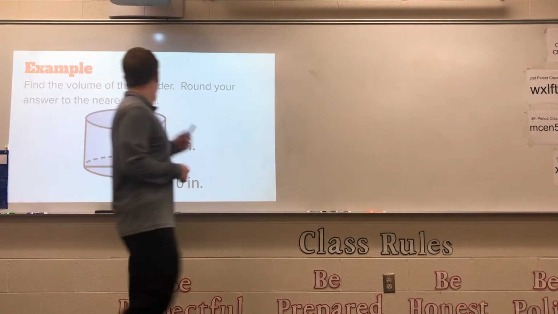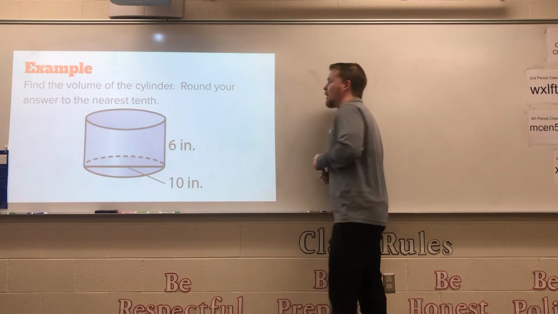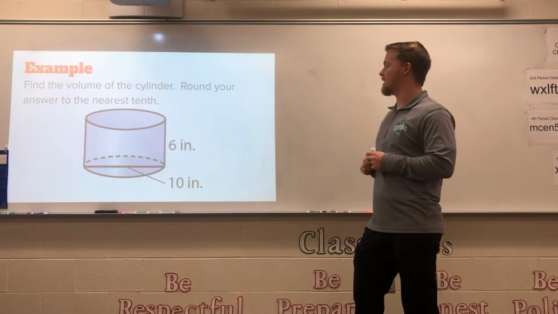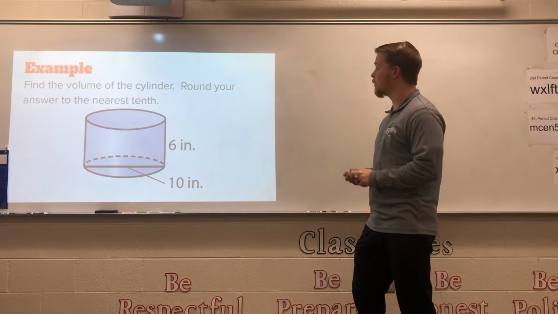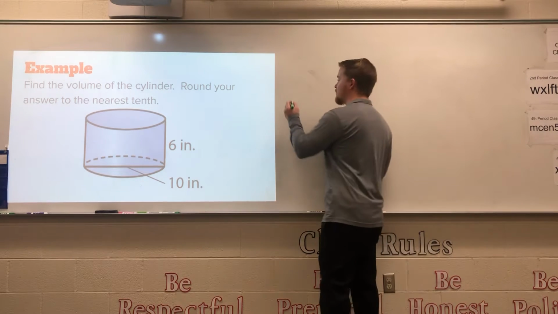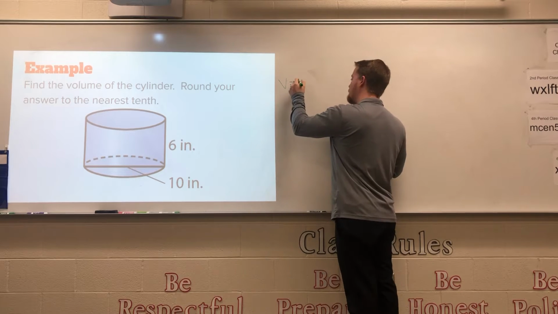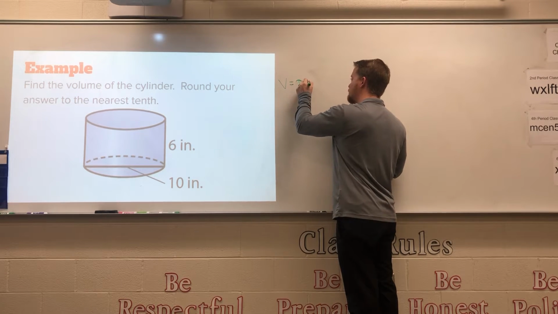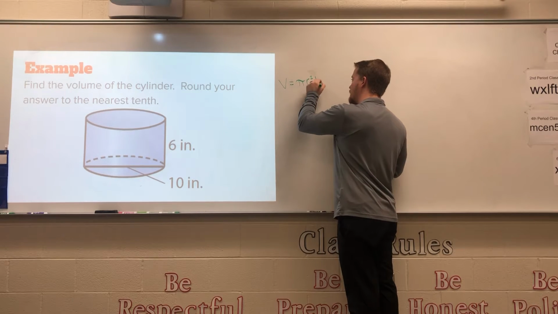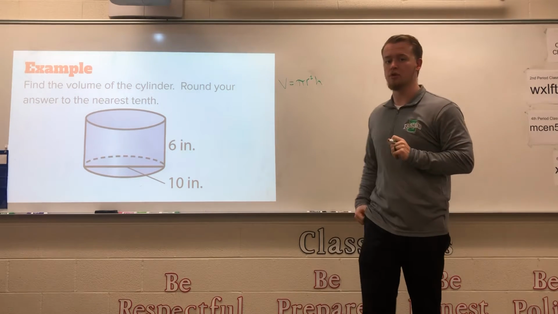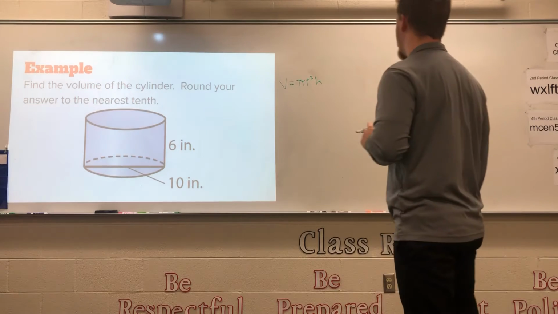So this says, find the volume of the cylinder, round your answer to the nearest tenth. For volume of a cylinder, obviously the first thing you need to know is what your volume formula is. And like that last slide said, V equals pi r squared h. That is your volume formula, or volume equation.